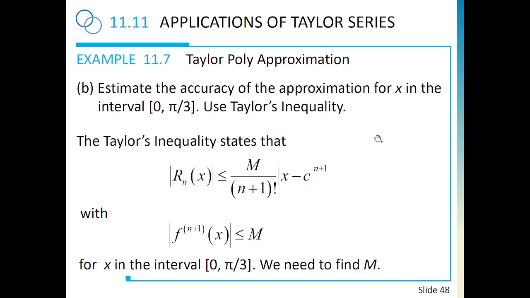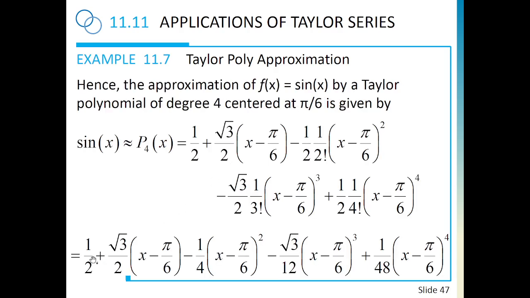Now the next step is to estimate the error, and here we are given the interval 0 to pi over 3, so we need to estimate the error for x that is in this interval, and we will use Taylor's inequality for that. By the way, this polynomial is part of the series, and it is not an alternating series because you have positive, positive, then negative, negative, then positive, positive again, and negative.